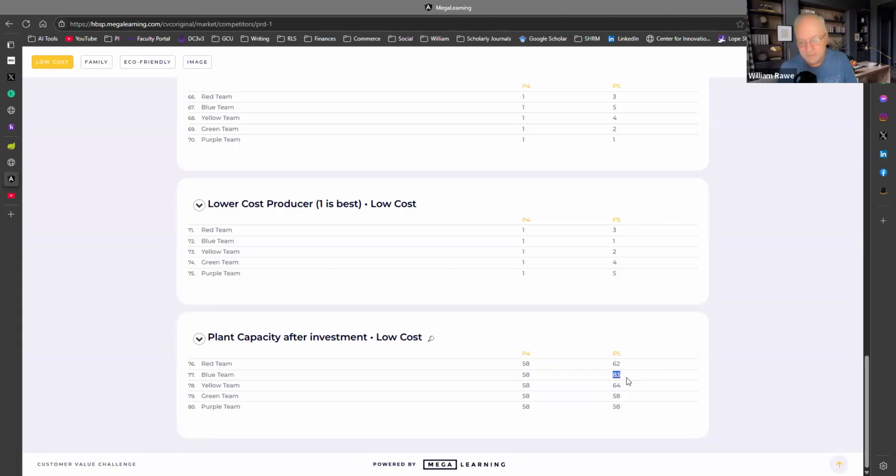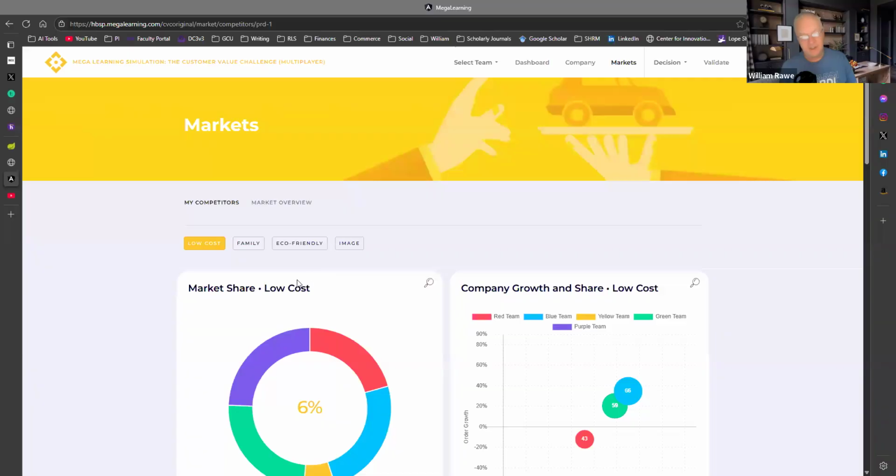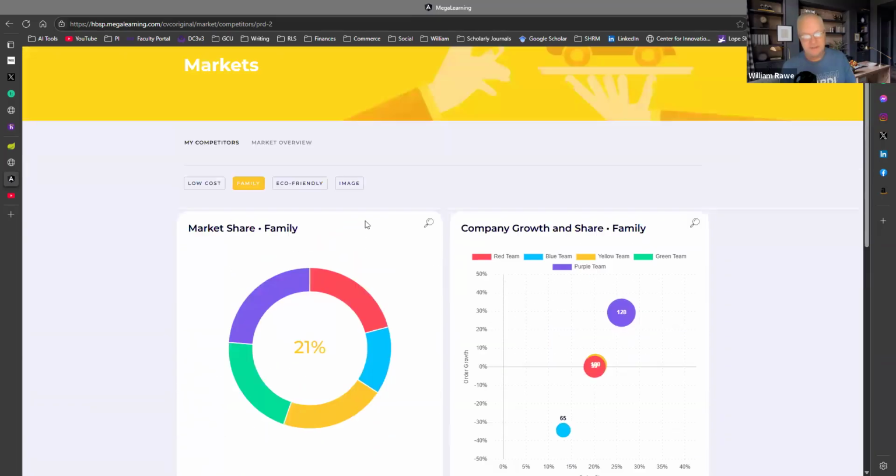Blue invested the most. They've increased by about 25 cars. So if I see that, I can see that likely this team is trying to capture the market on low cost. Then I have to decide, do I want to compete with that, or do I want to let them have it? And you can do that with each business line.